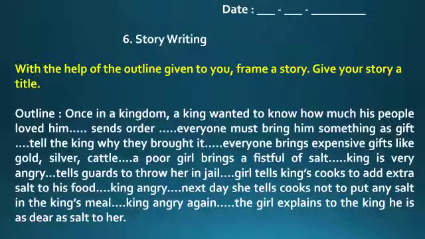Outline. Once in a kingdom, a king wanted to know how much his people loved him. Sends order. Everyone must bring him something as gift. Tell the king why they brought it.